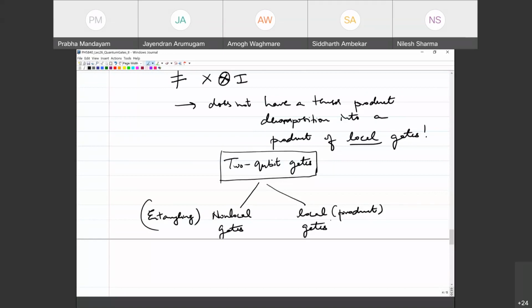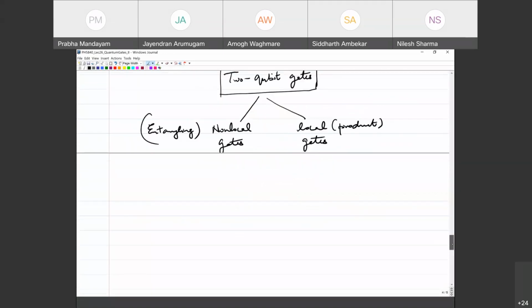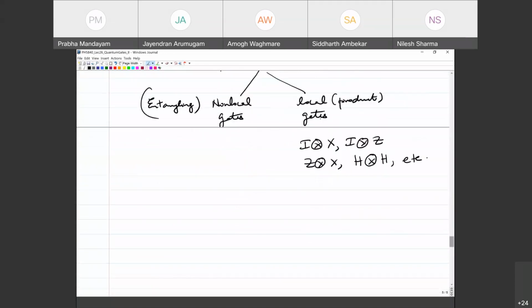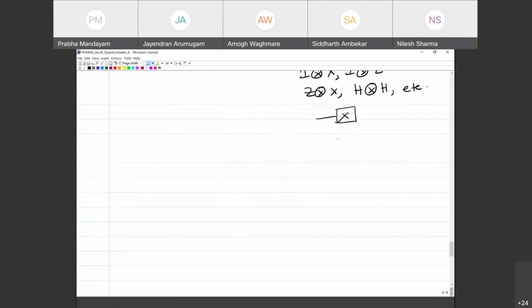So the local gates are those which can simply be realized as tensor products like this, etc., right? And in a circuit form, they will simply look like this: X on one qubit, Z on the other qubit, or Hadamard on one qubit, S gate on another qubit, etc., right?